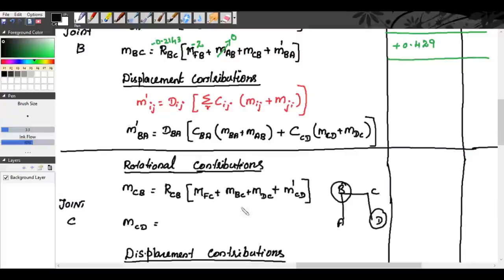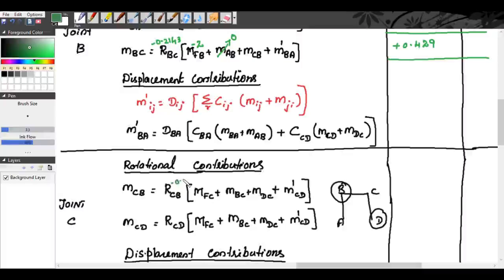Okay. So similarly, MCD will be equal to rotational contribution RCD into MFC. Remaining things are same. MBC plus MDC plus M dash of CD. So here also RCB remains the same. So what is RCB? Rotational contribution CB is minus 0.25.